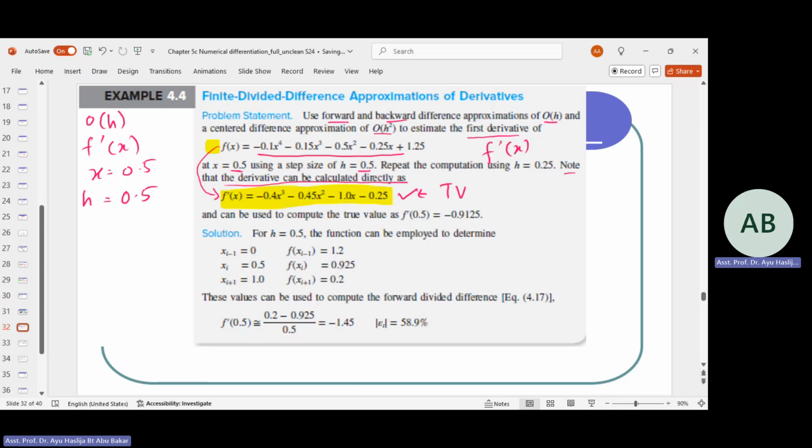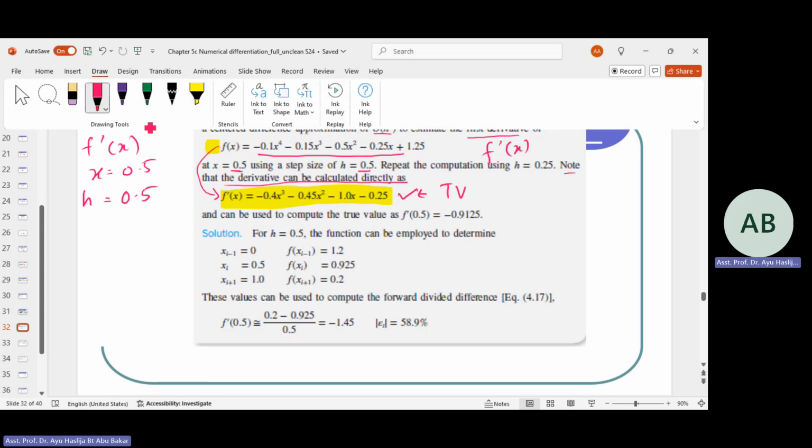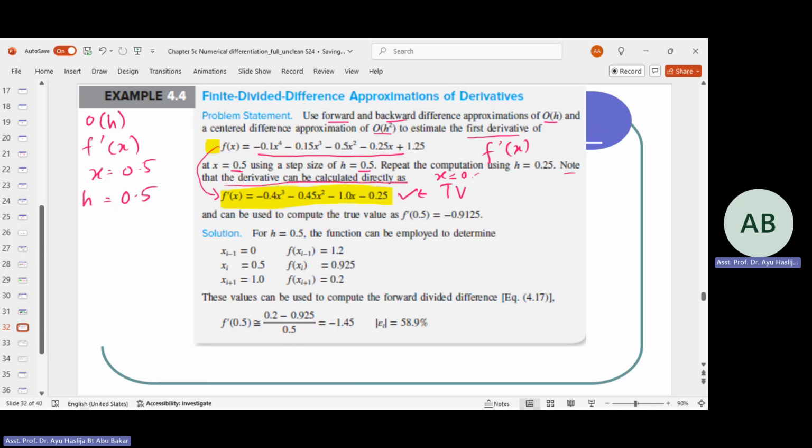Okay, the one that you are required to find is the estimation: forward, backward, and centered estimation from the given equation. This equation is directly differentiated from the main equation. So when you sub x equals 0.5 into here, you will get your true value because this is the actual first derivative.